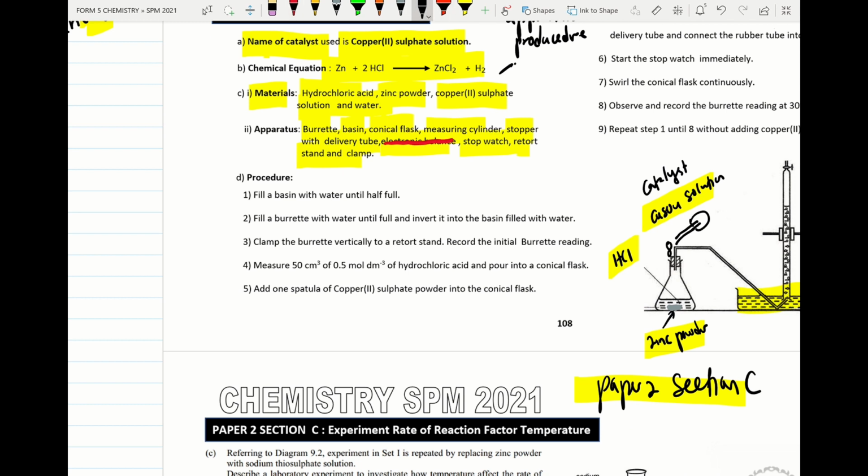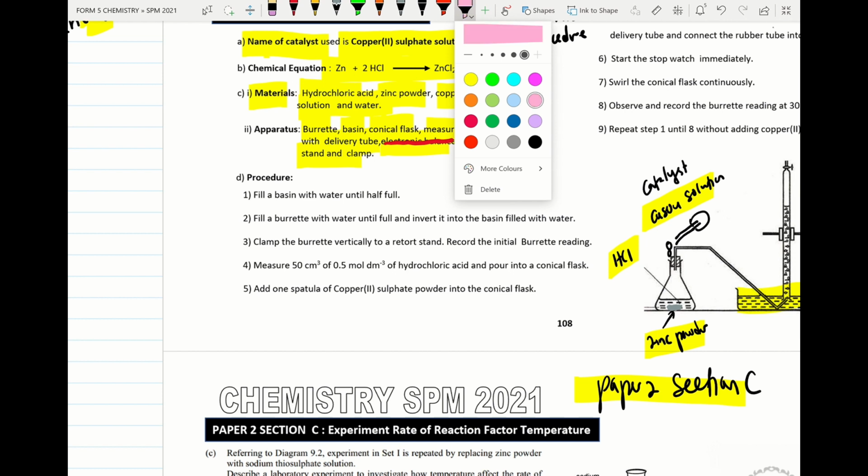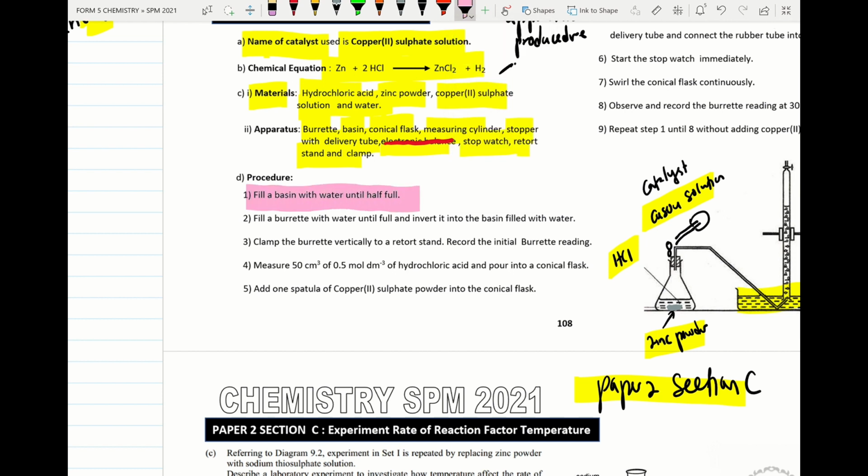Fill a basin with water until full. Fill a burette with water until full and invert it into the basin filled with water. Clamp the burette vertically to the retort stand. Record the initial reading of the burette. Measure 50 cm³ of 0.5 mol dm⁻³ hydrochloric acid using a measuring cylinder and pour it into a conical flask.